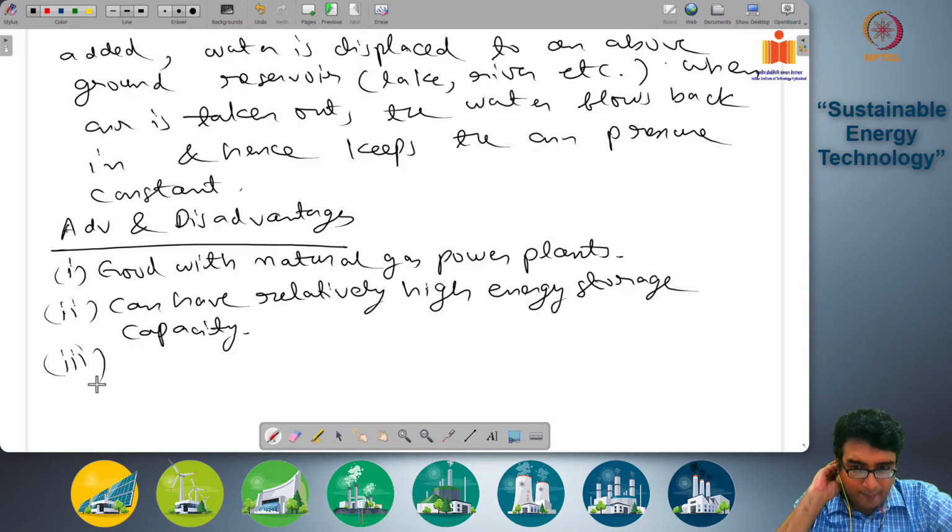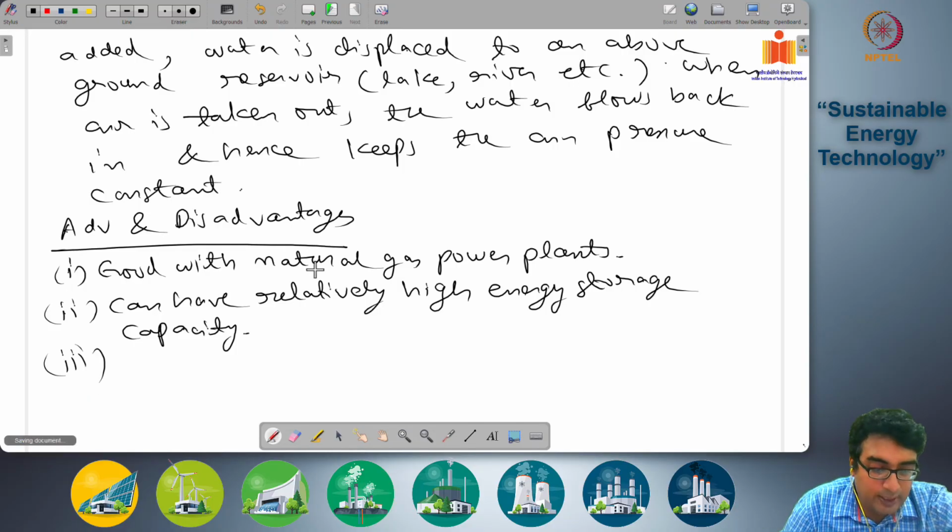Okay, some of the disadvantages is that the capital and maintenance costs are significantly higher than pumped hydro storage, for example.